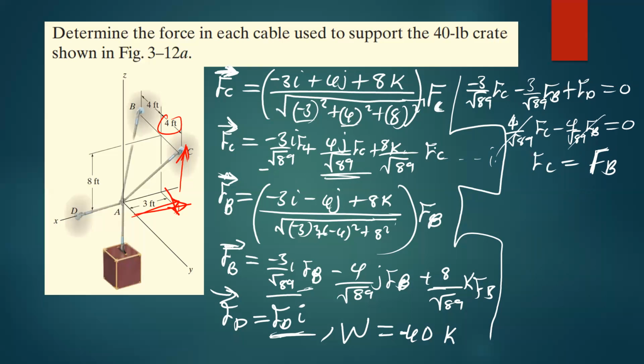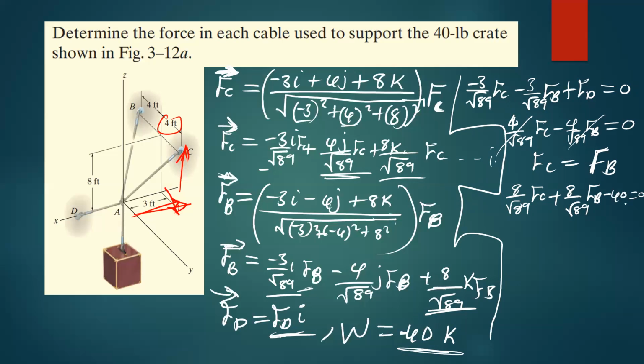And then the other thing that we need to do is to get the z components, which are the k components here. The first one we have is 8 over the root of 89 FC, and then 8 over the root of 89 FB, and then the last one is negative 40.